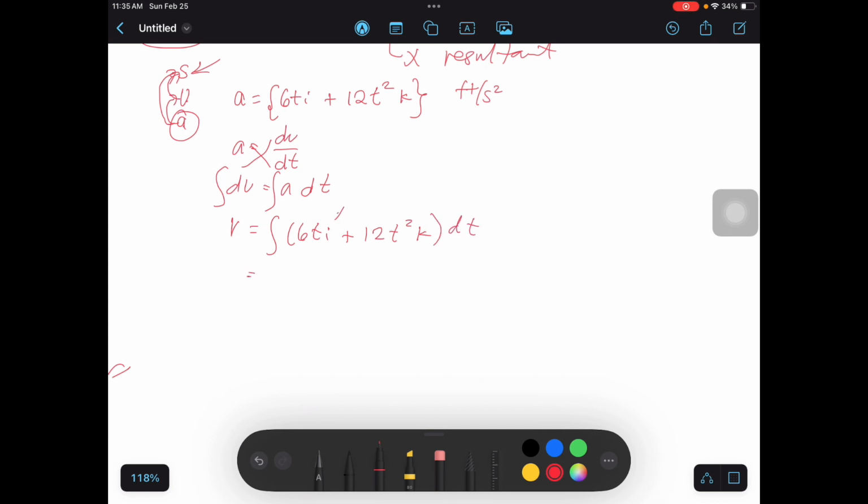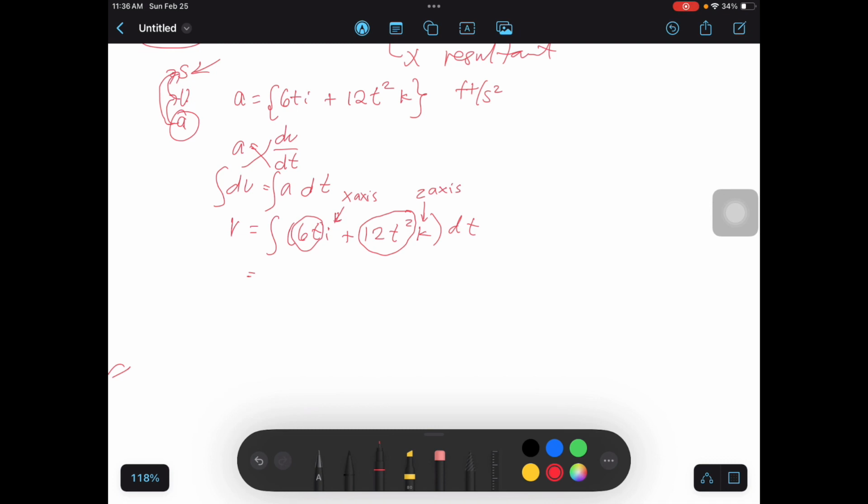So, itong i and k, wala yung ibig sabihin. Wala yung value. They just imply na ang term na kasama niya, which is 60, is yung position mo sa x-axis. And ito namang k, sinasabi ni k, itong kasama niyang term or function ay yung function mo for positions along z-axis.